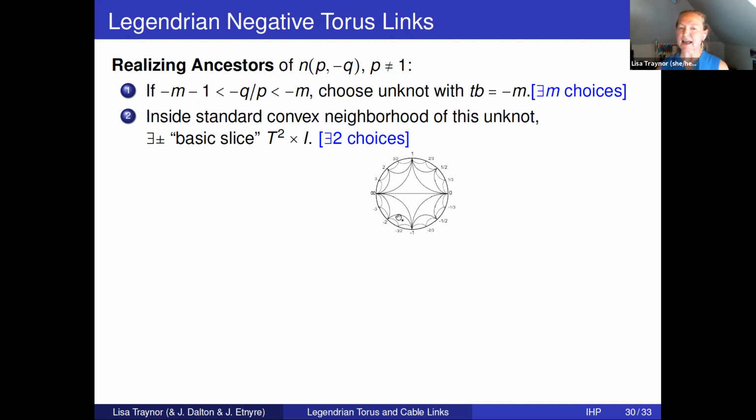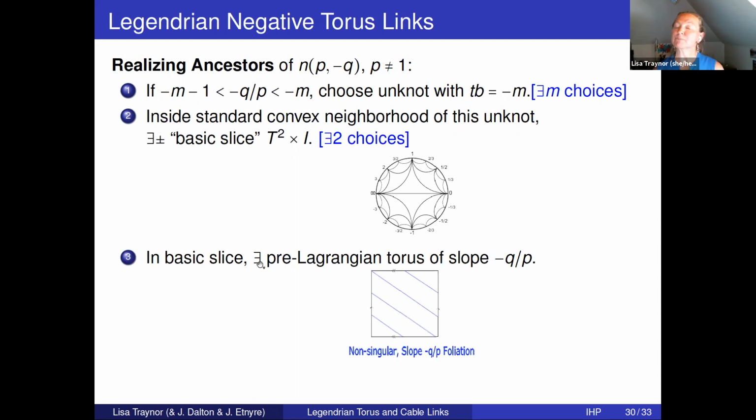And you can assign a plus or minus sign to each of these geodesics, and that gives you 2 choices. Once you have this basic slice, we know that there's a pre-Lagrangian torus in there of that slope. On this torus, the characteristic foliation is non-singular, and it has slope minus Q over P. And then just choosing n of these lines will give you an ancestor.